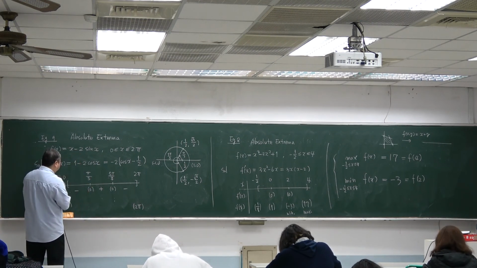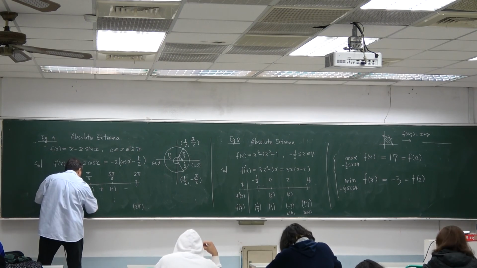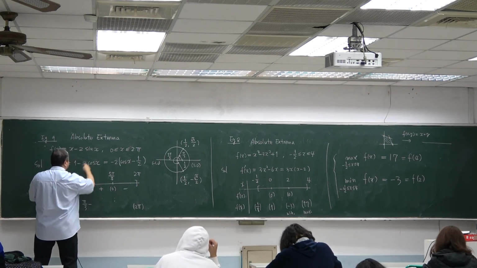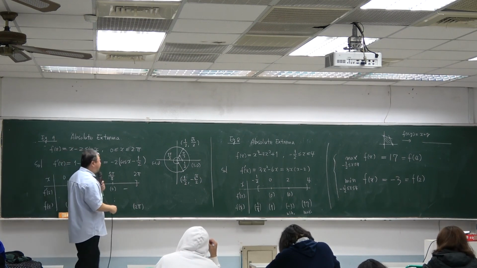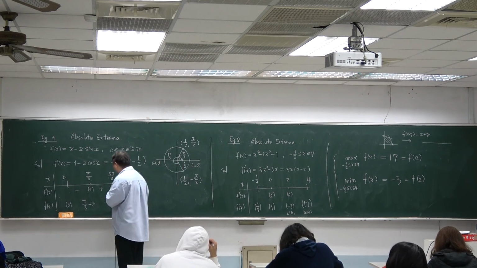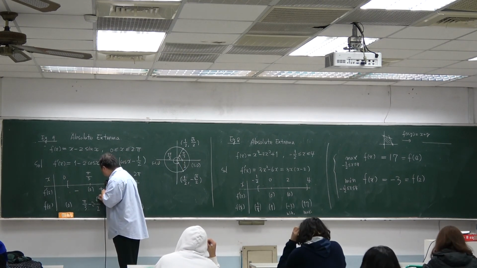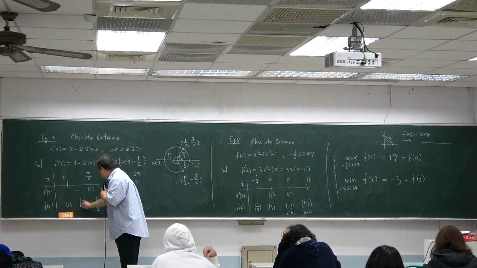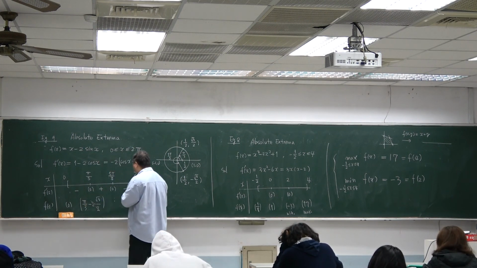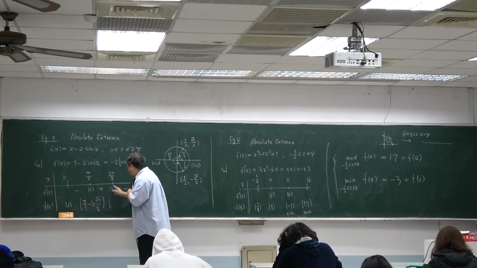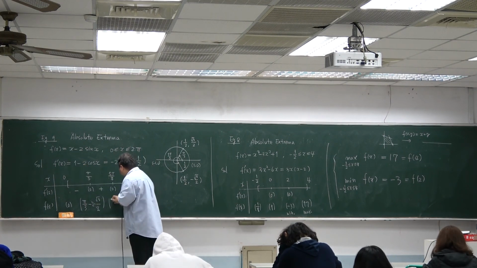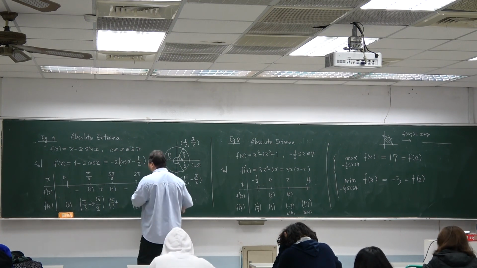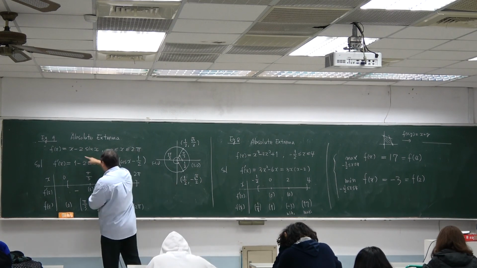At pi over 3, we have pi over 3 minus 2 times sine pi over 3. Here the value is 5 pi over 3 plus, because minus and minus is plus.